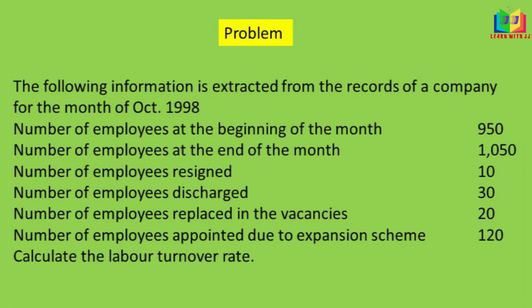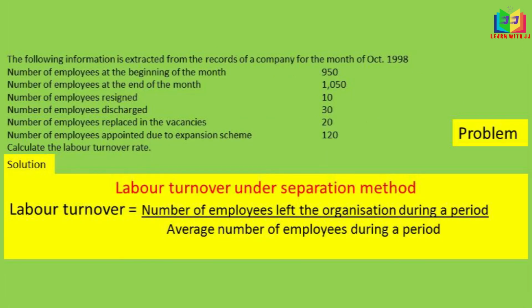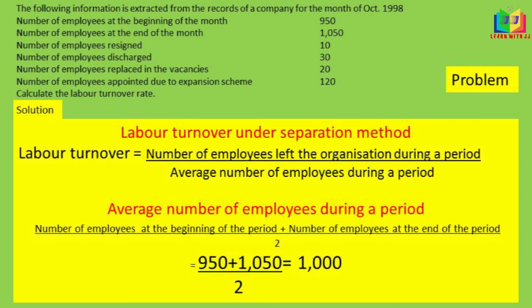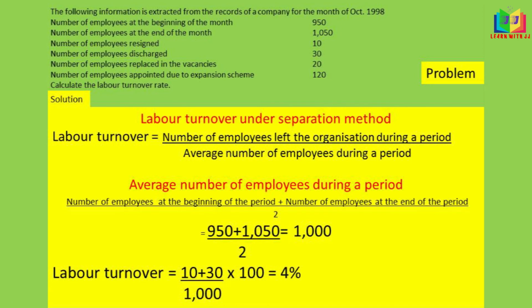First we'll start with separation method, and we know the formula: number of employees left divided by average number of employees. Here we have employees at the beginning, that is 950, and employees at the end is 1050. That should be divided by 2, so we'll get 1000. This is the average number of employees during a period. And now we have to know the number of employees left.